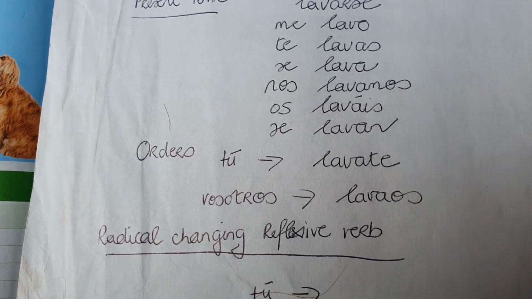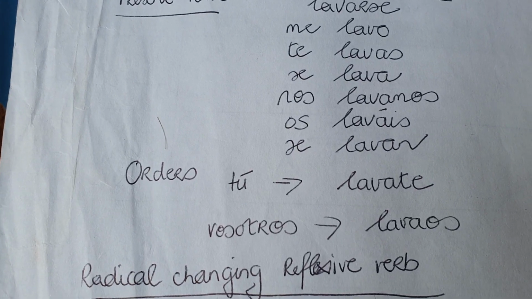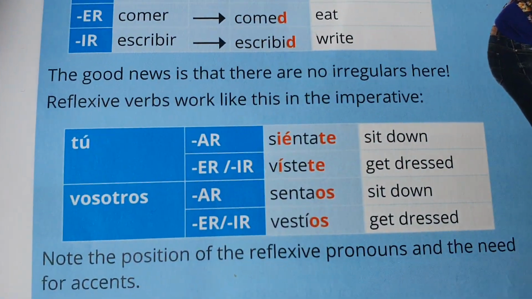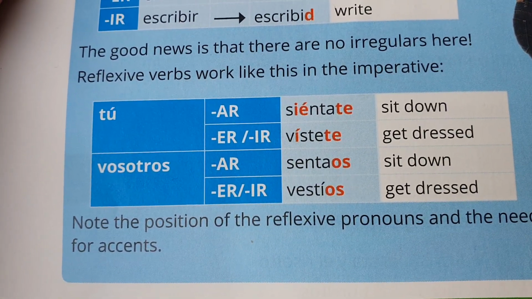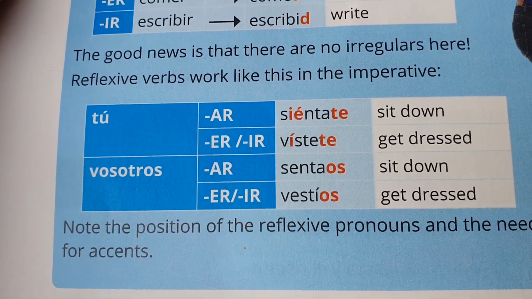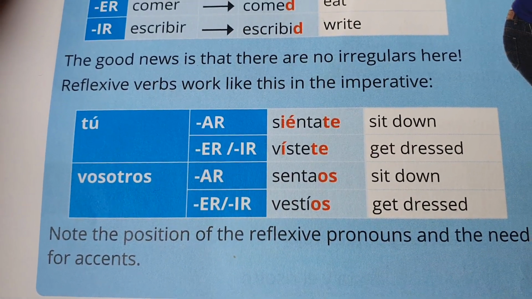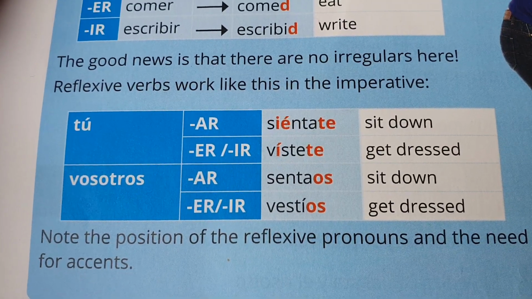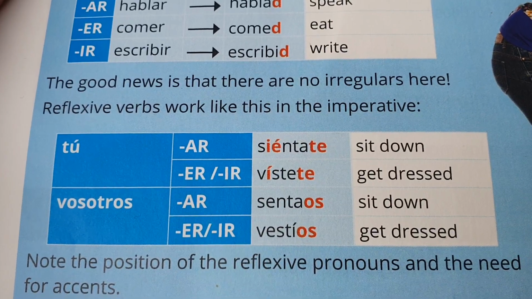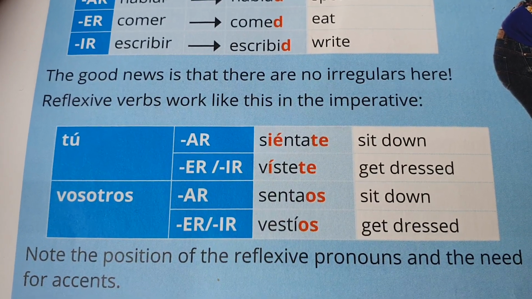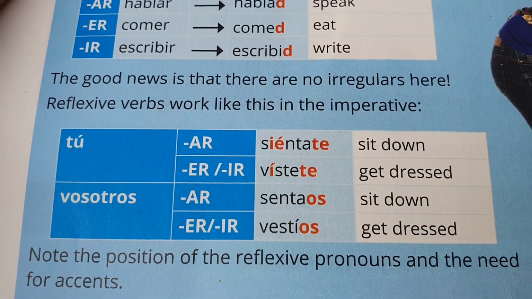Okay? Then you also have the radical changing reflexive verbs, which is quite confusing. So if we go over here, we have, for example, sentarse, to sit down. So in the tú form, it would be siéntate, because remember it's radical changing. So siénta, and then we put the te at the end of it. The verb vestirse is radical changing as well. So third person is viste, and then we stick the te on the end of it.